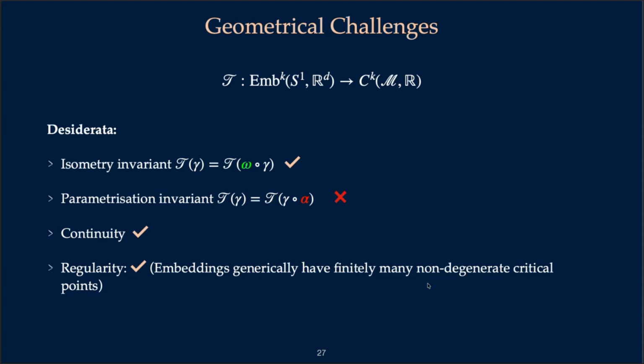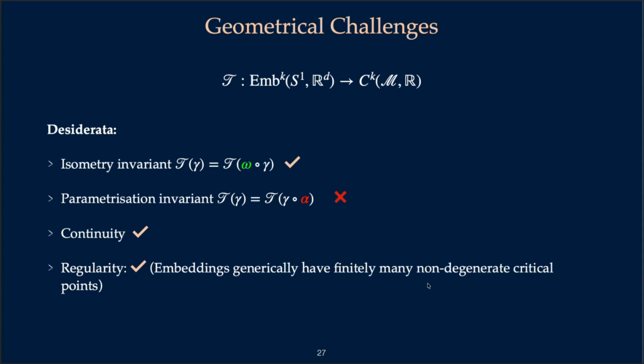However, it is not a parameterization invariant. So if I reparameterize my loop, I decide to walk around this loop faster and then walk around this a bit a little slower, or I decide to go clockwise and anti-clockwise, that does change. However, this is indeed a continuous transformation. It's 2-Lipschitz.